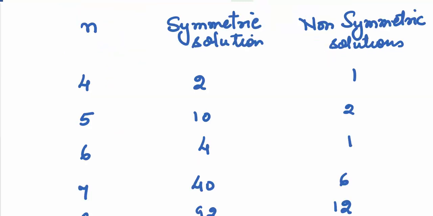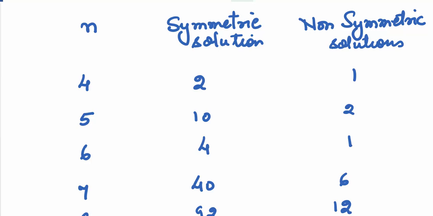In this table, you can see for different values of n, we have symmetric and non-symmetric solutions. As you are already aware, for n equal to 1, we have a trivial solution. For n equal to 2 and n equal to 3, we do not have a valid solution. So starting from n equal to 4, we get 2 symmetric and 1 non-symmetric solution.